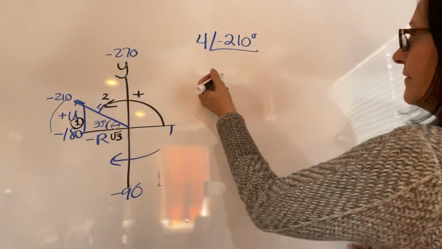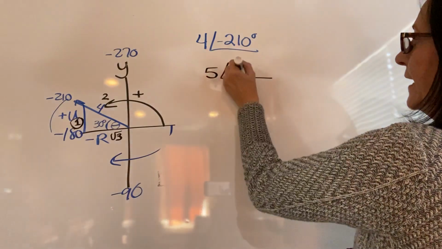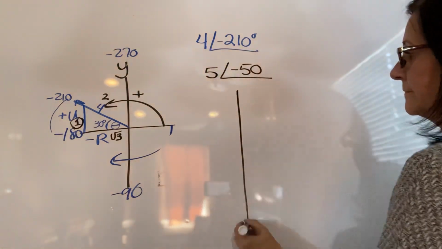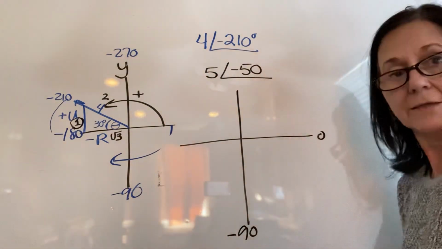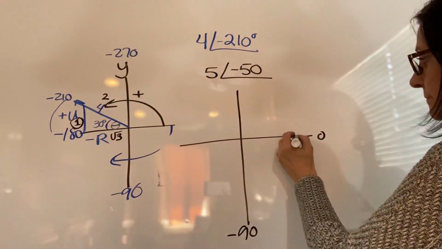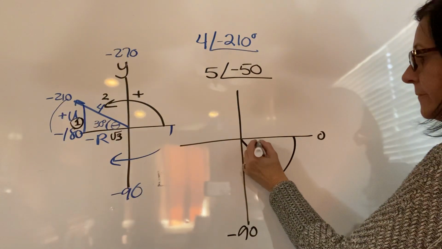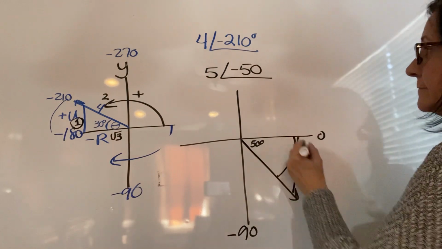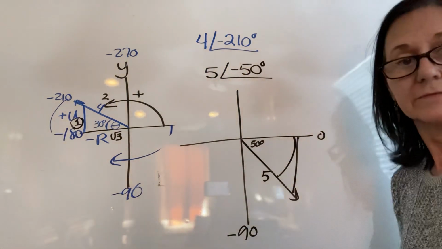Let's suppose that I have 5 at negative 50. I start out at 0, that's negative 90. I'm rotating this direction. It's here. My angle is 50 degrees. All right? The length is 5.